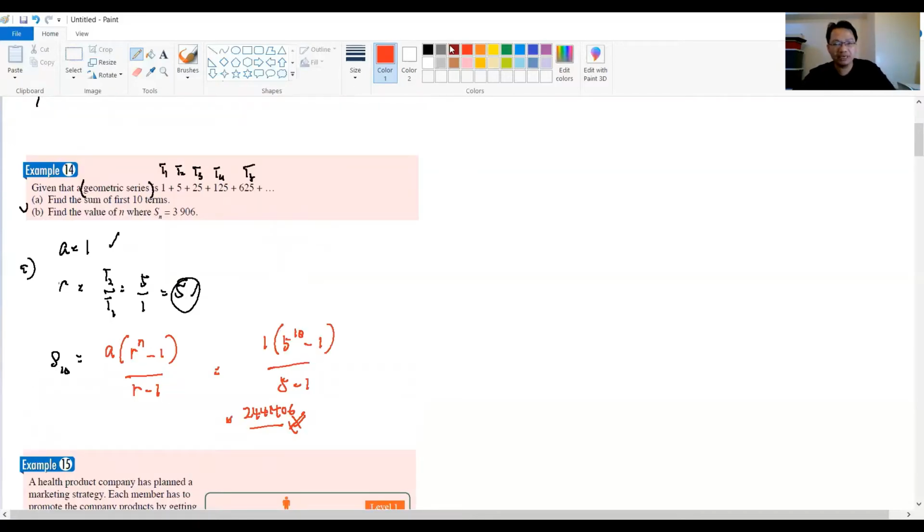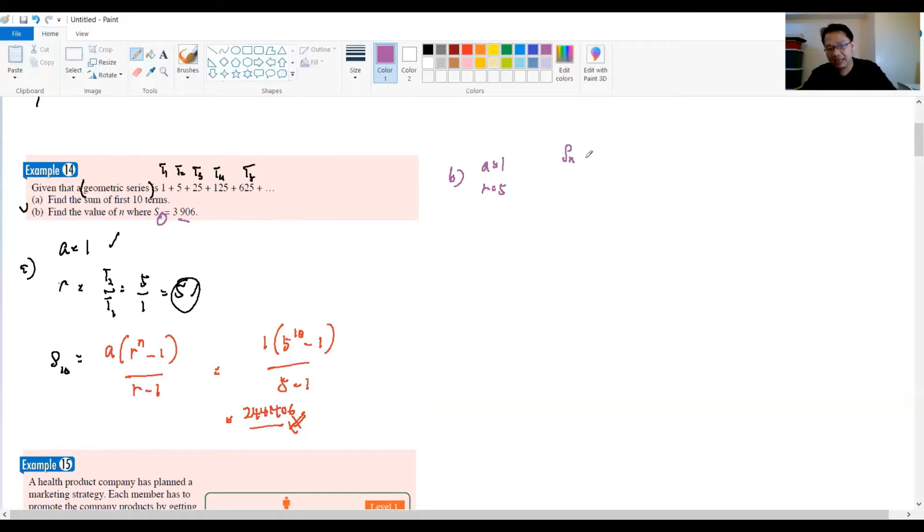For question B, we still use the same sequence. Our A is 1, our first term, and our R is also 5. We want to find the value of n, where the sum of n terms is 3906.